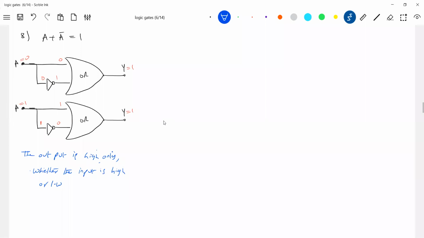There I said logic 0, logic 1. So the output is high only, whether the input is high or low. Therefore, high means it is a 1, logic 1.